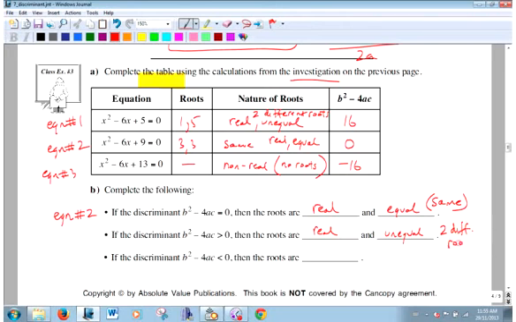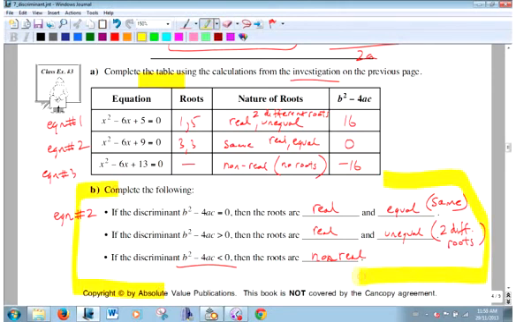Two different roots. That's better, more layman's terms. And if it's less than 0, can you take the square root of a negative? No. Non-real. Okay? This is what goes on.